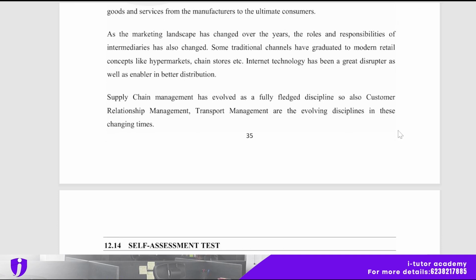As the marketing landscape has changed over the years, the role and responsibilities of intermediaries have also changed. Some traditional channels have graduated to modern retail concepts like hypermarkets, chain stores, etc. Internet technology has been a great disruptor as well as enabled better distribution.